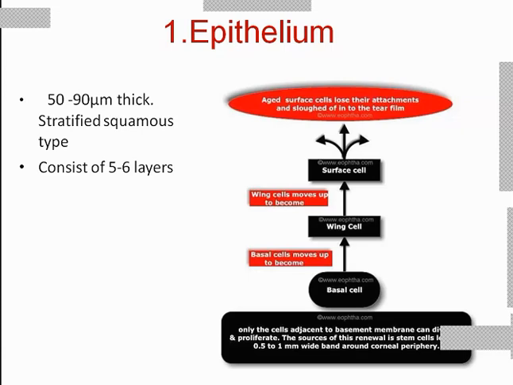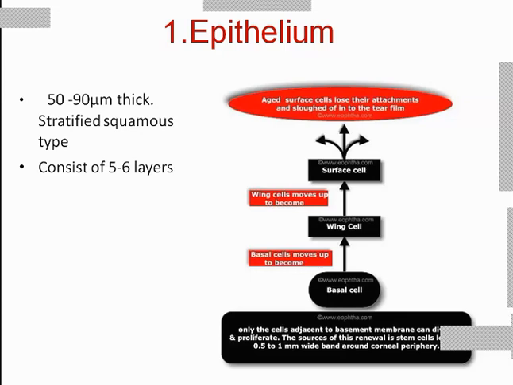So there's a basal cell, as you have seen in the previous picture. Basal cells keep moving up, and as they move up they get aged and then shed. Normally, cells adjacent to the basement membrane can divide and proliferate. The source of this renewal is stem cells, located in a 0.5 to 1 millimeter wide band around the corneal periphery.